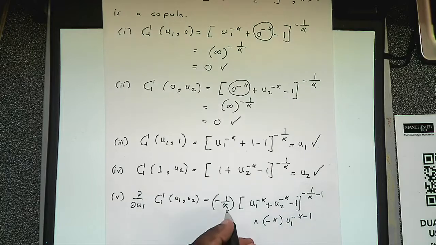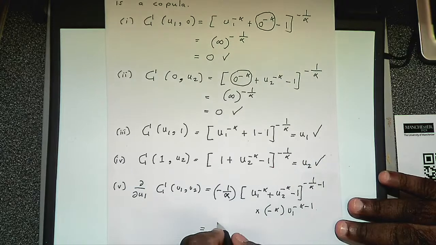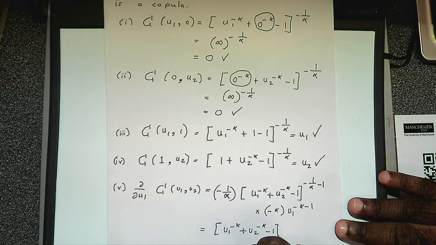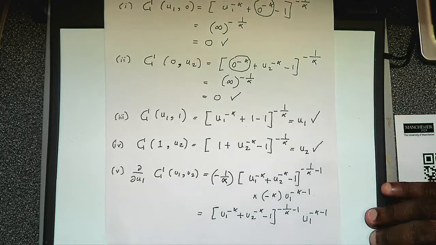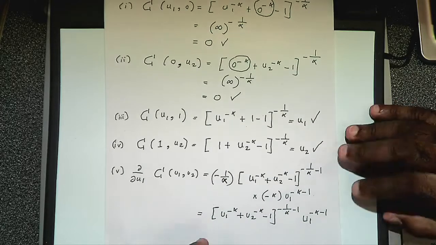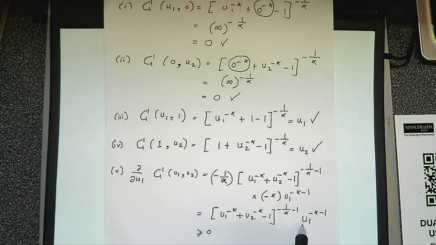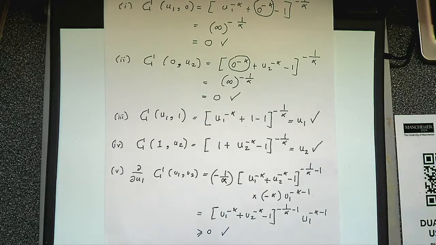So minus 1 over alpha multiplied by minus alpha is 1. So you get this, and this is clearly non-negative, because this is non-negative and this is non-negative. So property 5 is satisfied.